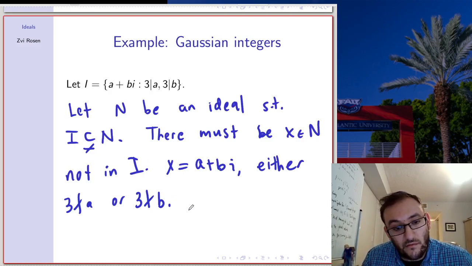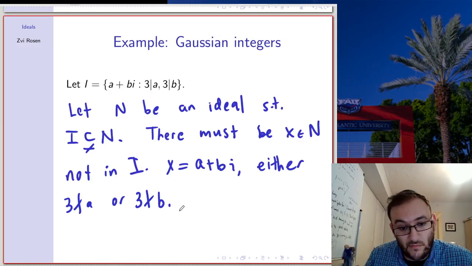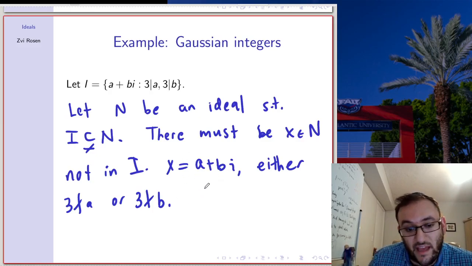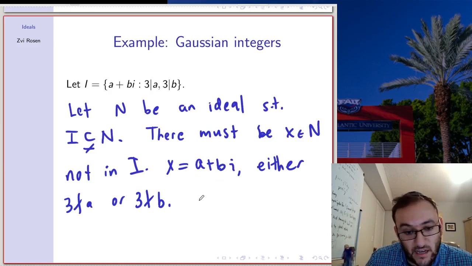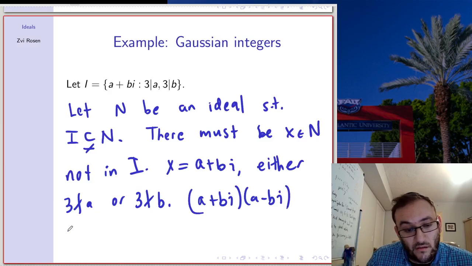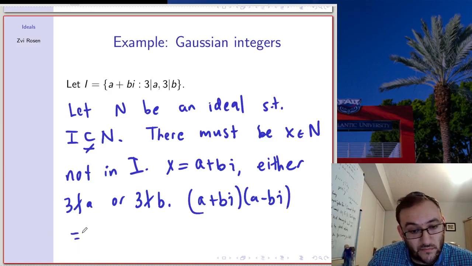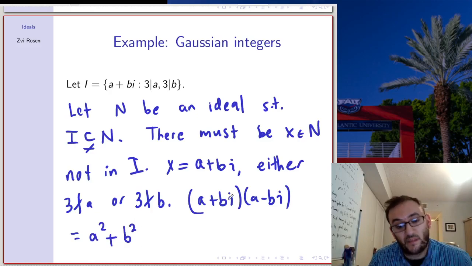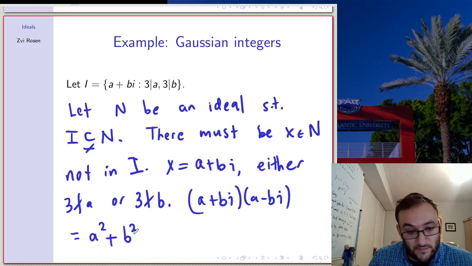Well, let's consider what happens when we multiply x by a minus bi. That's the complex conjugate. We get a plus bi times a minus bi equals a squared plus b squared, and the complex parts cancel.